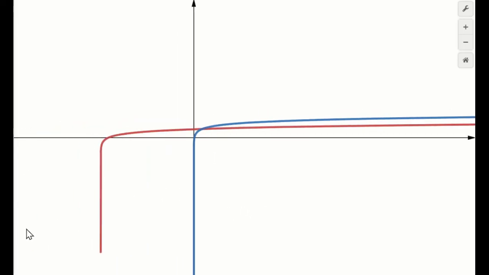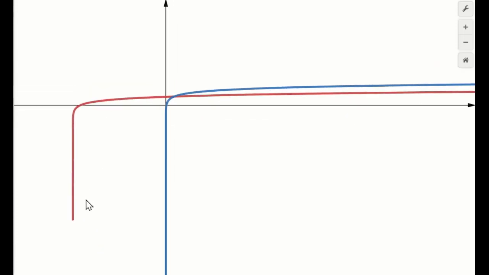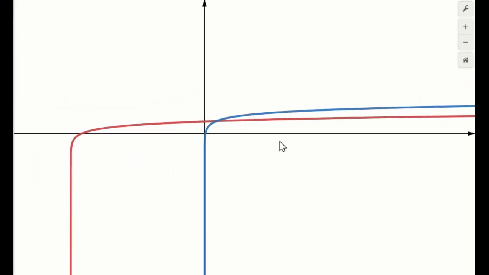The graph in red is the graph for log base 10 of x plus 12, and the graph in blue is the graph for log base 10 of x plus log base 10 of 12. Apparently in the picture there will be a point where the two graphs cross each other.